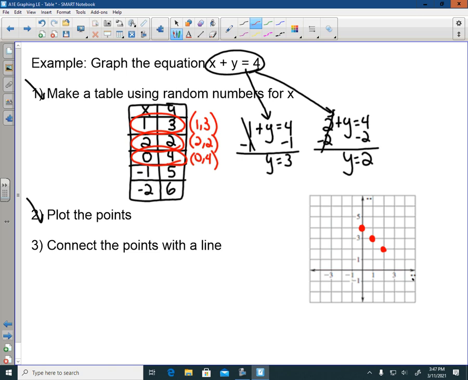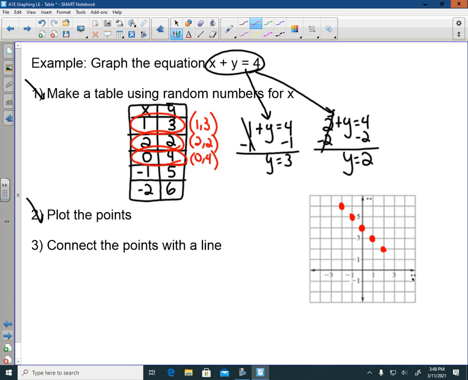And then negative 1, 5, so to the left 1, and then up 5 here. And then negative 2, 6 up here. And notice how every single point lined up, because this is a linear equation, and its equation will always make a line.